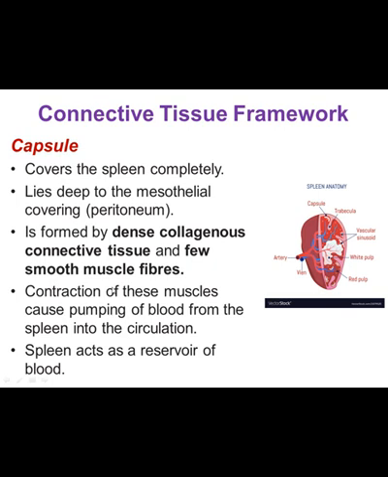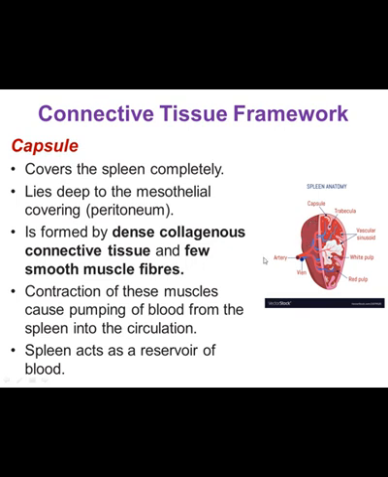Now we study the connective tissue framework. First one is the capsule, which covers the spleen completely. Here we can see the capsule. This capsule lies deep to the peritoneum or mesothelial covering, and is formed by dense collagenous connective tissue and few smooth muscle fibers.